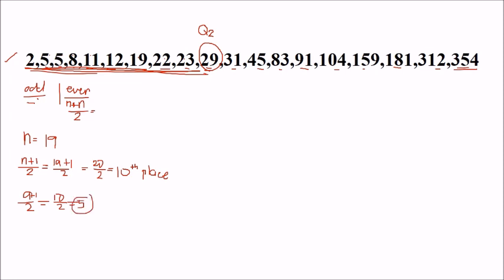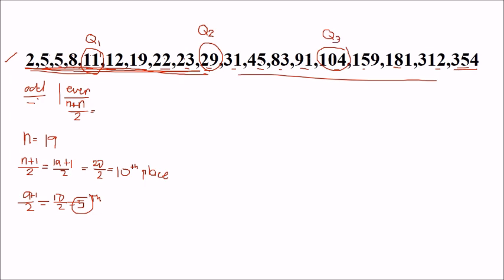So, ika-fifth place siya. So, 1, 2, 3, 4, 5. 11. So, this would be our Q1. And then, 9 man pud ni diri sa upper, babaw sa 29. So, ato gihapon siyang gamitan na ni 5. So, ika-fifth place siya. 1, 2, 3, 4, 5. 104. That is our Q3.